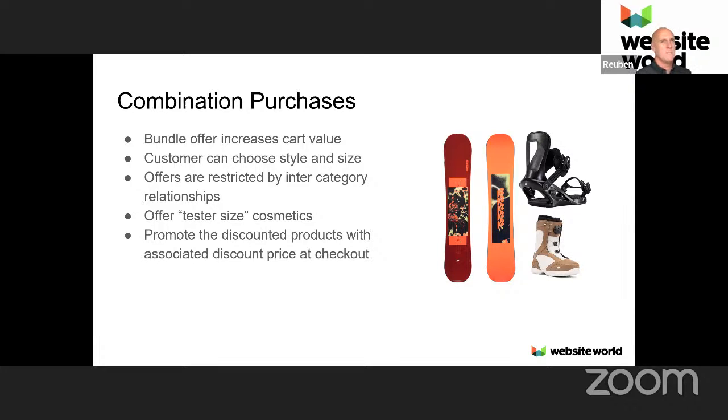It's not something you need to manually do in store. It's something that is fully automated, and you don't have to pre-package these together, so you don't have a lot of effort to do. You simply just point the discount at the ranges and then promote the offer. One of the things with our system is that, for example, let's say that someone has added the board and added the bindings already, the boots will then be promoted at the cheaper price.